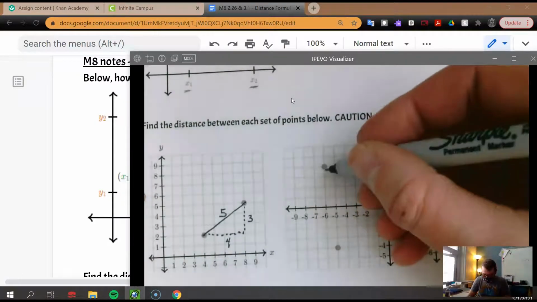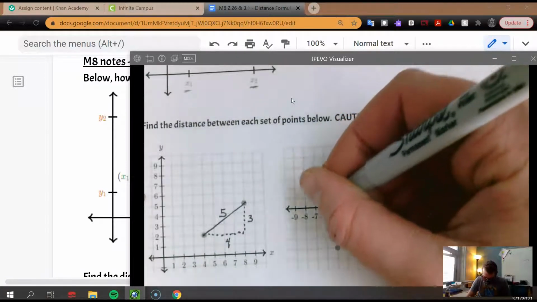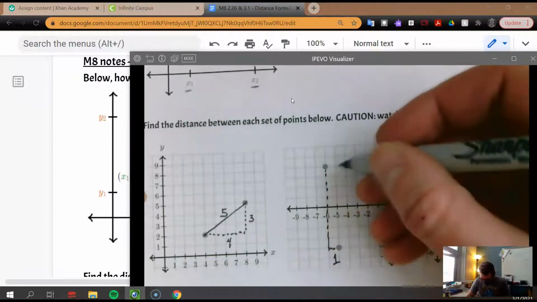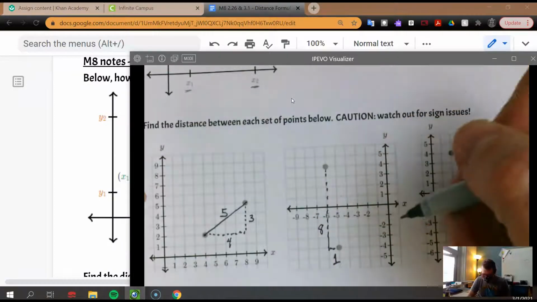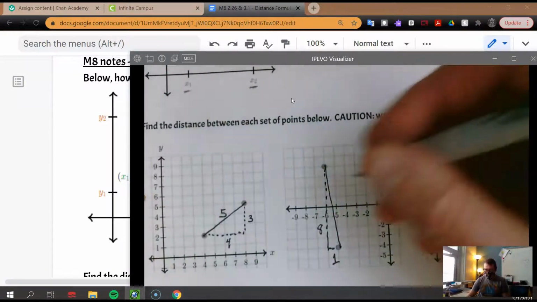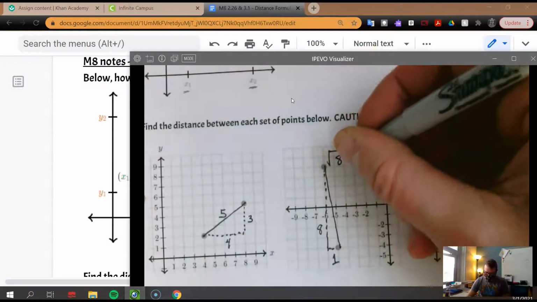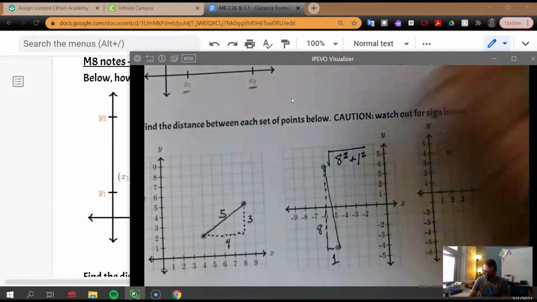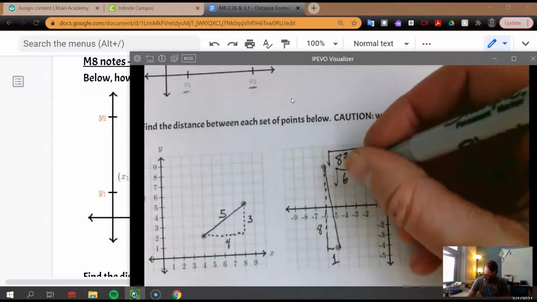Right here, guys, you can do dotted lines or solid lines. I don't care. Figure out how long that is. Well, that's a 1. 1, 2, 3, 4, 5, 8. Yeah, I don't think that's a Pythagorean triple. So, square root of 8 squared plus 1 squared will equal the square root of 64 plus 1, which is 65.